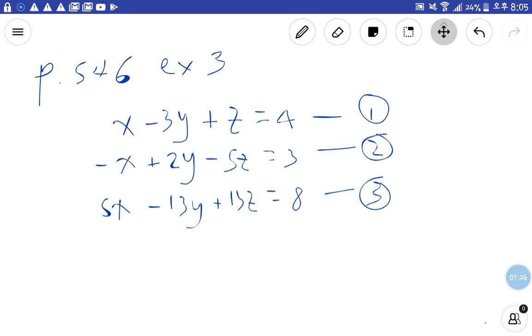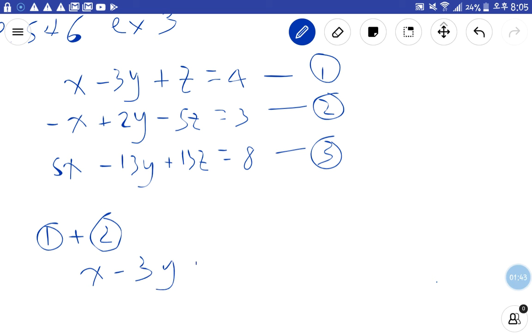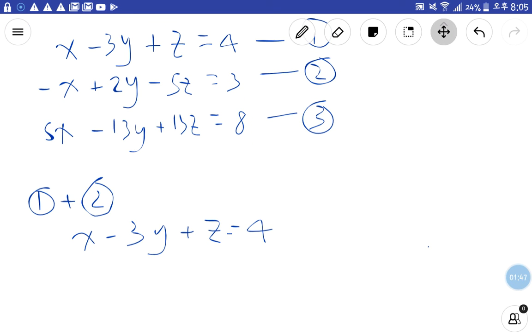So now I'm going to do 1 plus 2, and replace my 2 with the answer of the addition. I can keep my first one. So x minus 3y plus z equals 4, and then negative x plus 2y minus 5z equals 3.